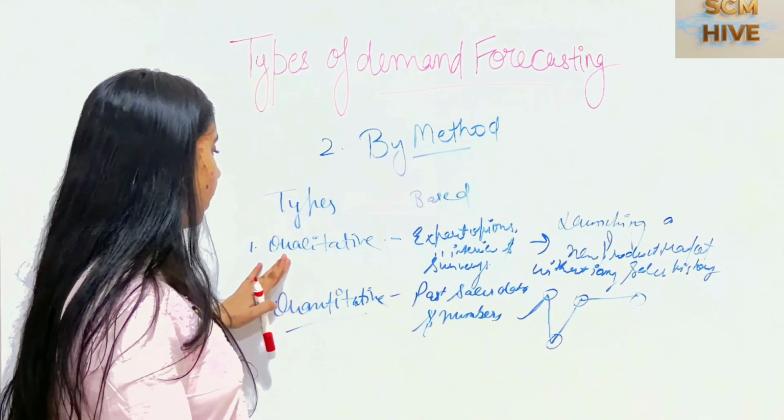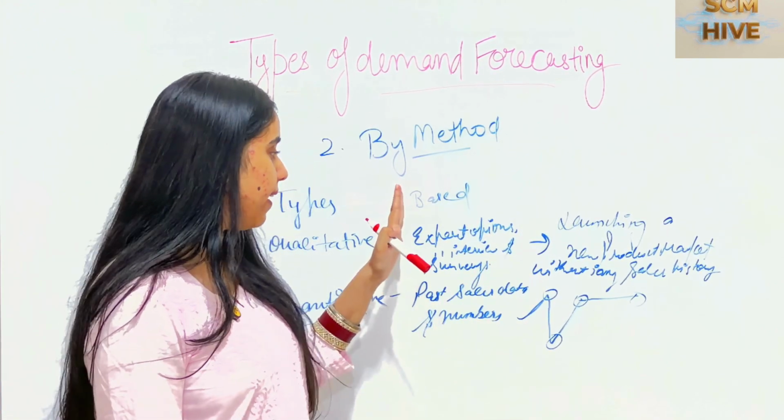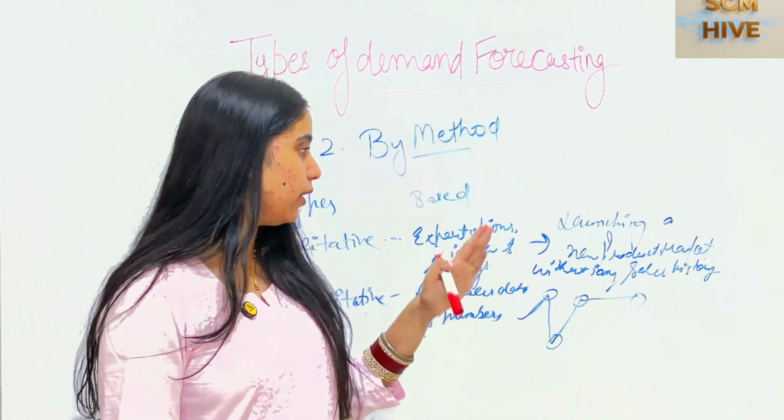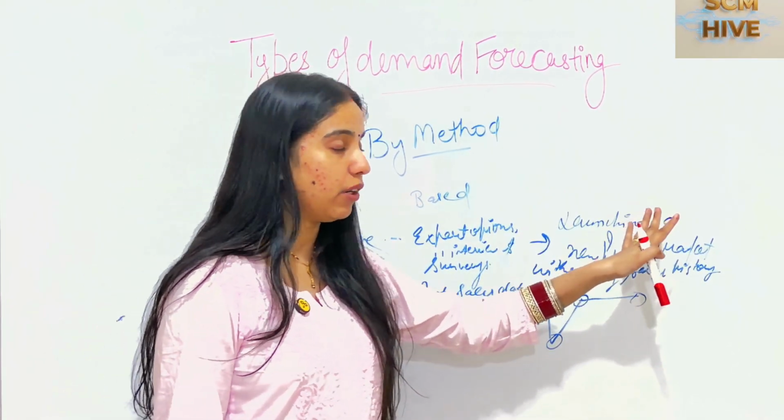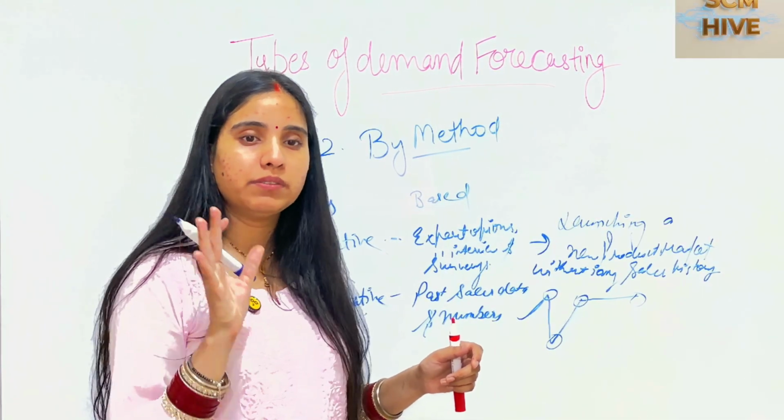But in qualitative, if we are taking 3-4 people from the same industry, everyone has a different opinion, and on the basis of the opinions we need to find out a number nearby the accurate one for the forecasting.